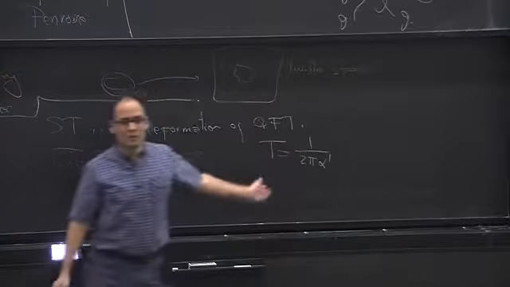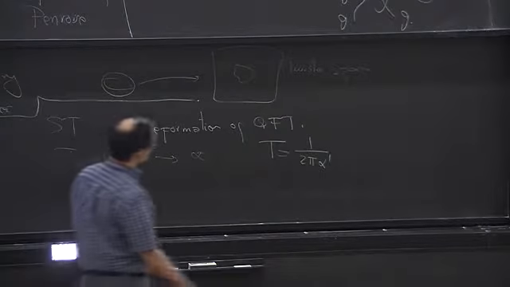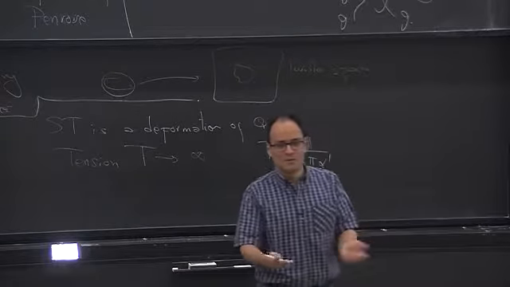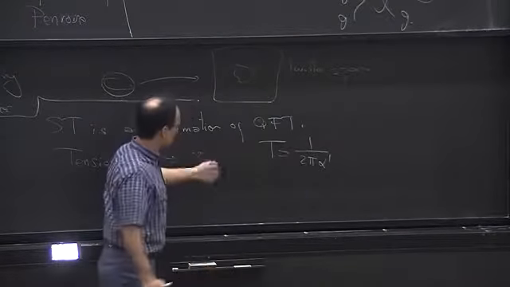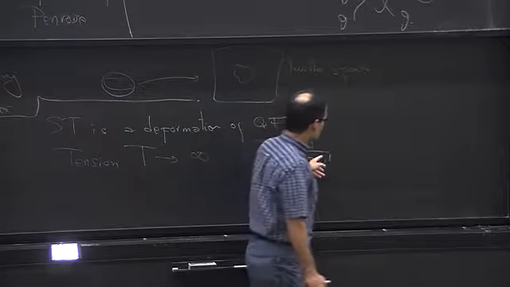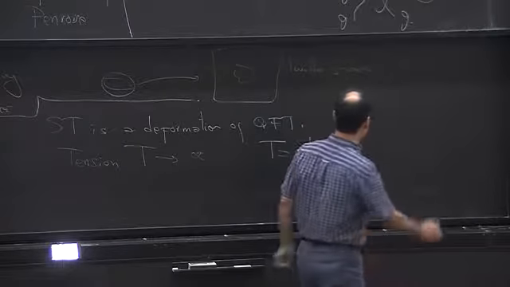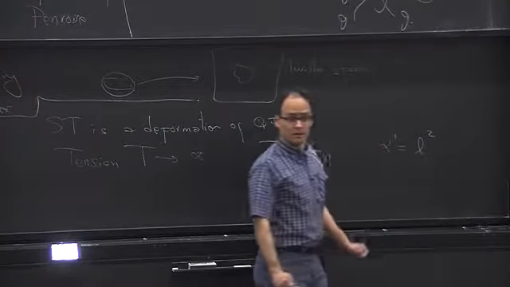The tension, for historical reasons, is computed in terms of something called alpha prime. I won't explain what alpha prime is, from the historical way string theory was derived. But this is just a dimensionful parameter that has dimensions of what? Of length squared, right?